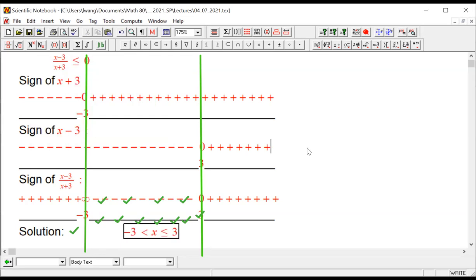Does everybody follow? Has it become easier? Okay. I hope that helps. We worked with the quadratic and then the quotient form of inequalities.